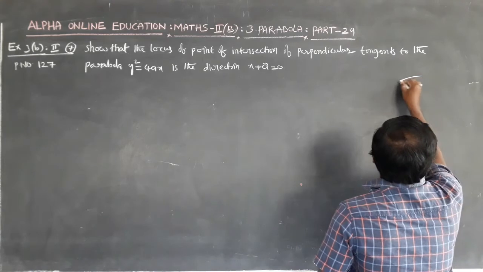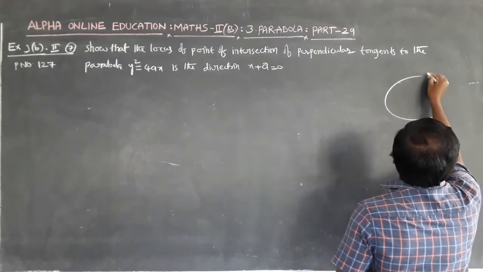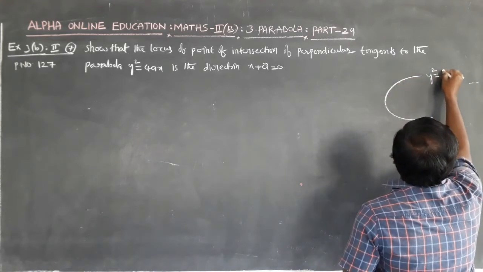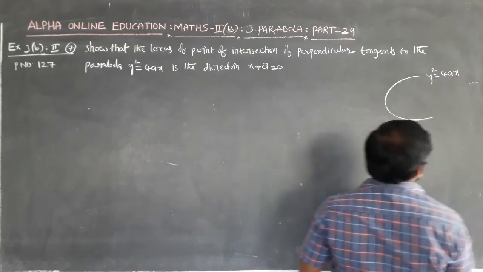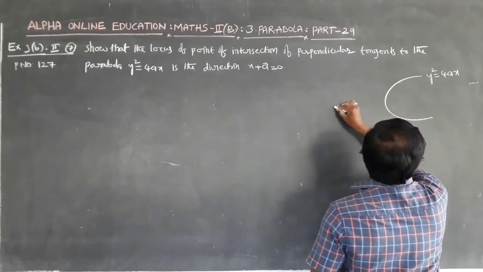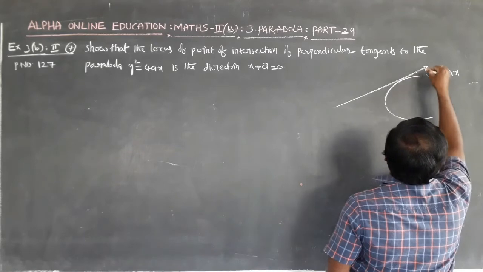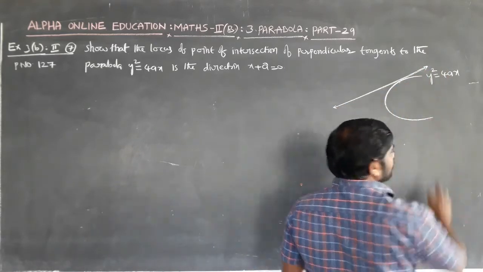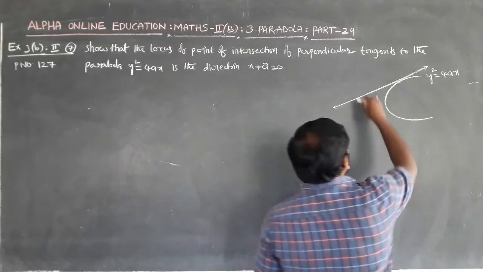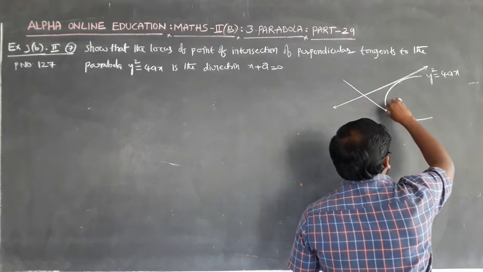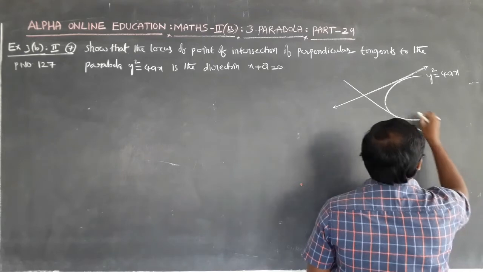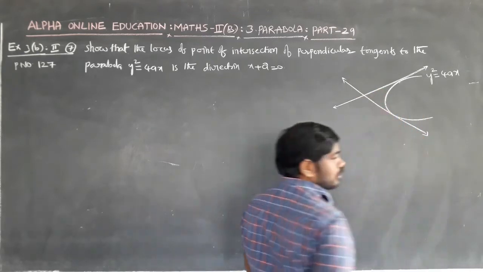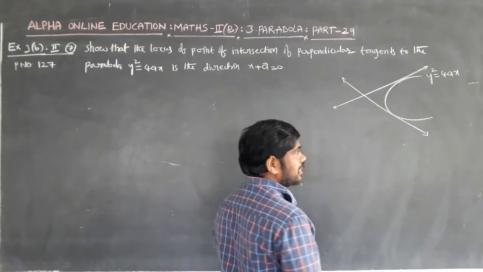This is the equation of the parabola y square is equal to 4ax. This is the equation of the tangent to the parabola y square is equal to 4ax. This is also the equation of the tangent to the parabola y square is equal to 4ax.